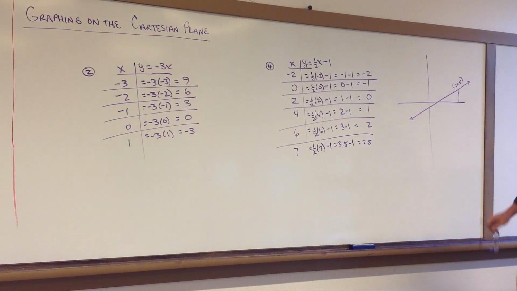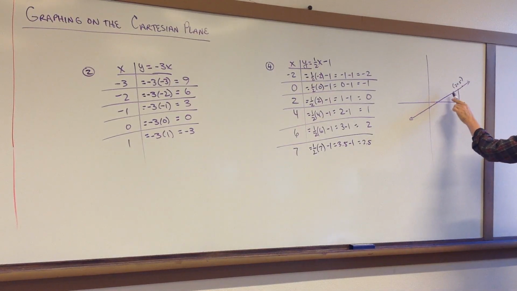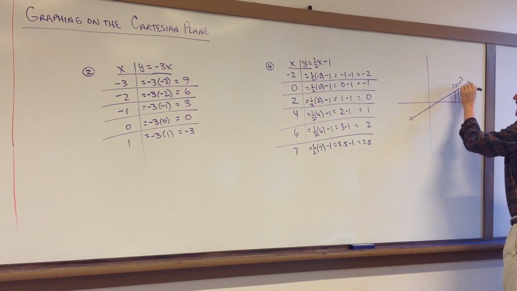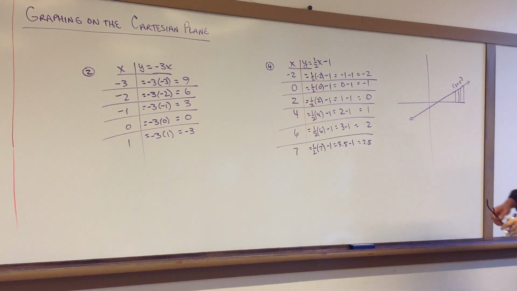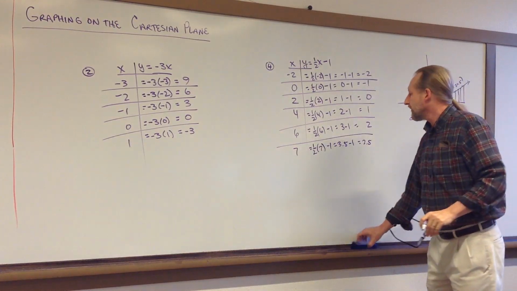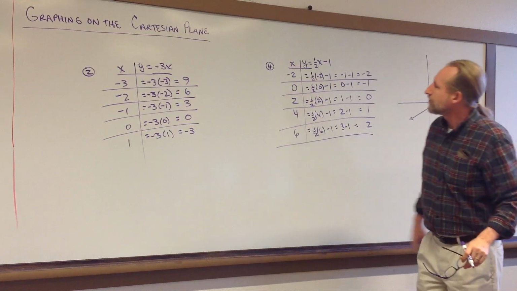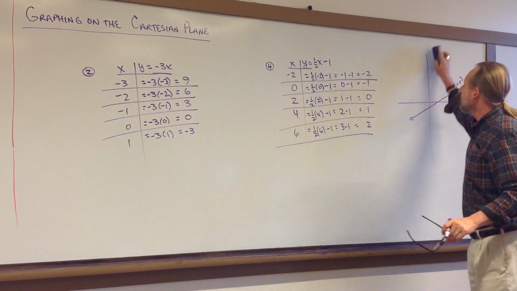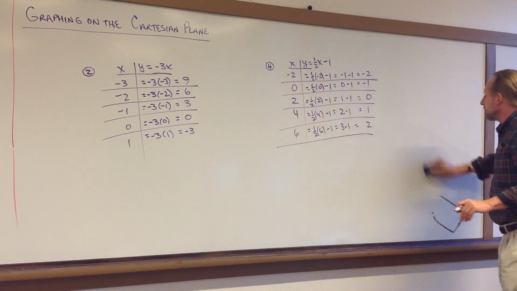It's just a little bit trickier to calculate with. But here's all the whole number points that we were plotting, and this 7, 2.5 just falls in between those two. Okay? And there are plenty of other points on here that are not whole numbers, but again, we don't really have to worry about that. All we have to do for this assignment is take the x values, plug them in for x, and calculate a y value.